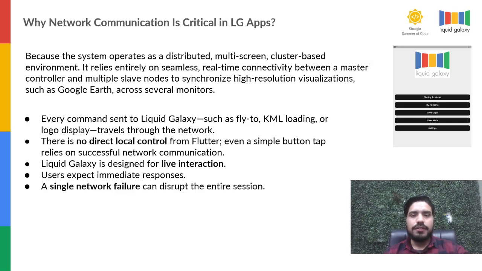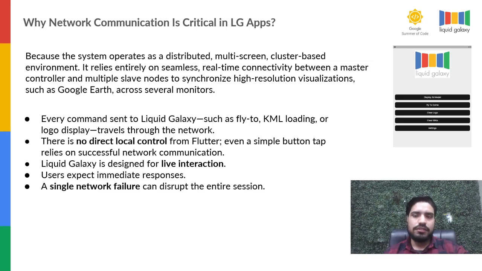because you know that a command travels through a network when you send a command from the Flutter app to Liquid Galaxy. If I take an example of this screen, in this screen we have multiple buttons and each button executes a different command on Liquid Galaxy. So if I take an example of display 3D model, it displays a 3D model on Google Earth.